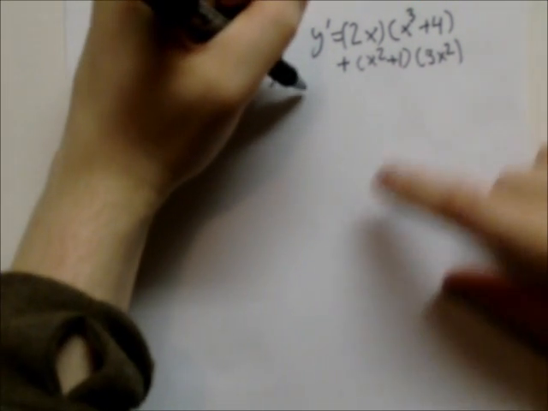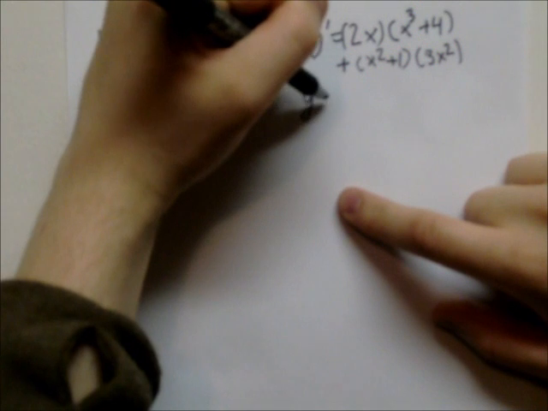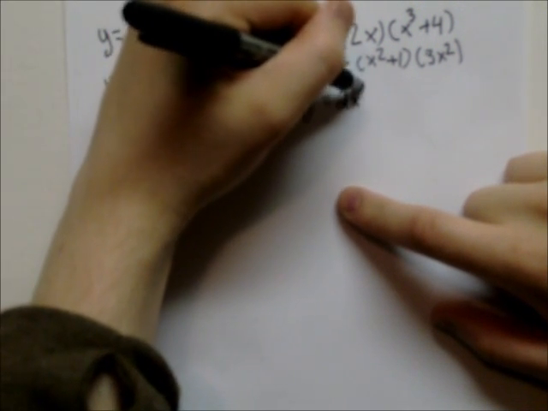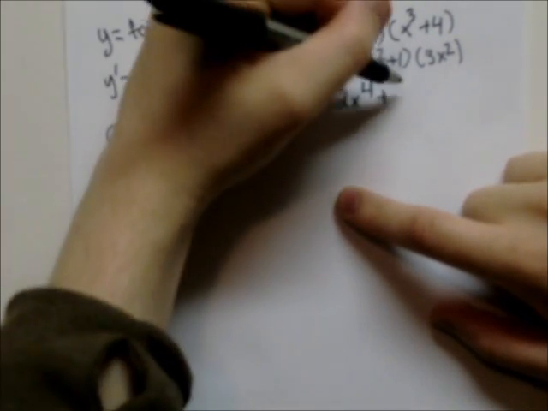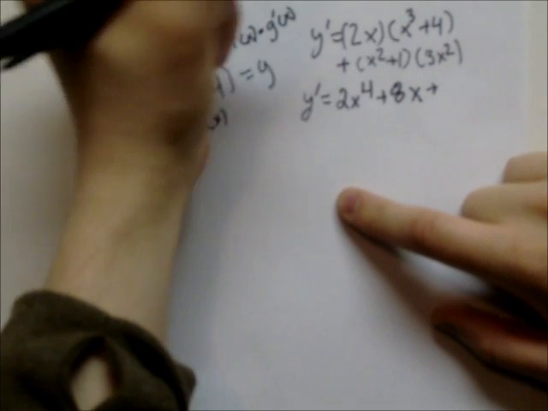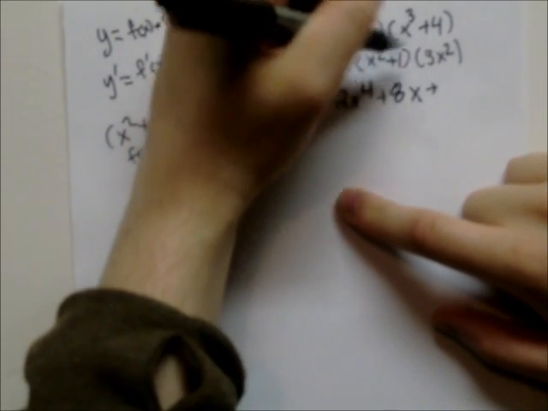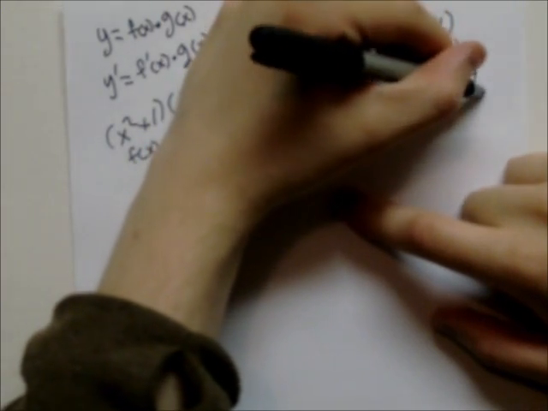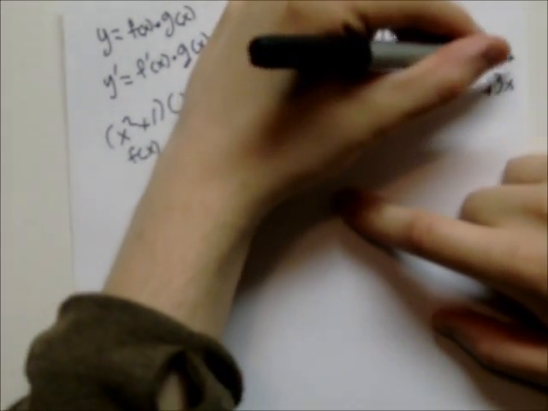And simplifying it, you get y prime equals 2x to the fourth plus 8x plus 3x to the fourth plus 3x squared.